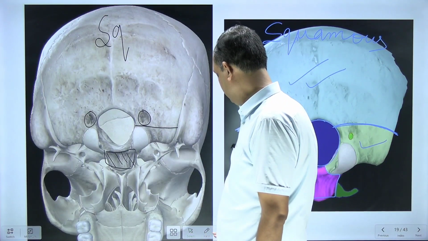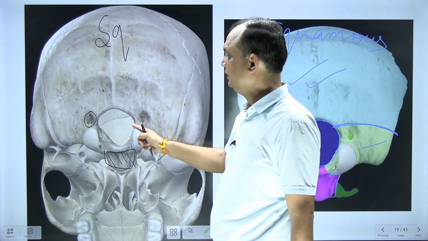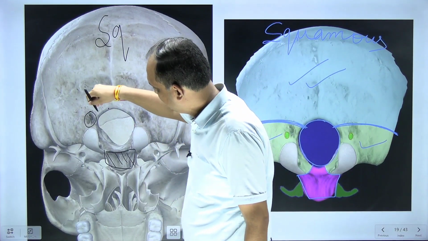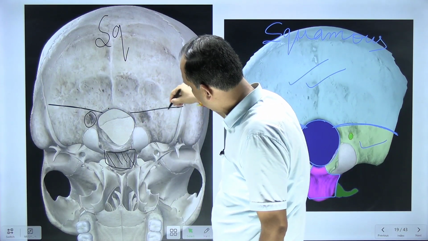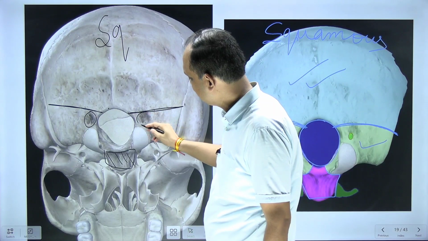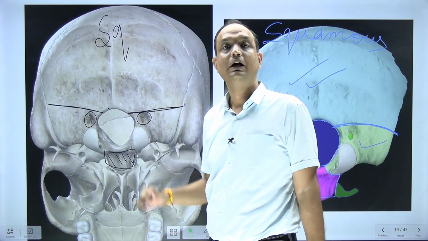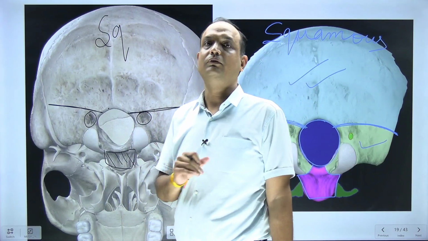So for the demarcation between the squamous part and the condylar part, you have to draw the line here. Clear? Now you can see that these depressions behind the condyles, known as condylar fossae, are part of the condylar part of the occipital bone.